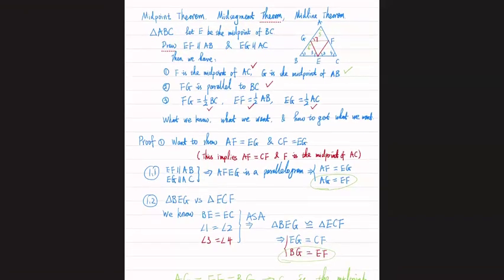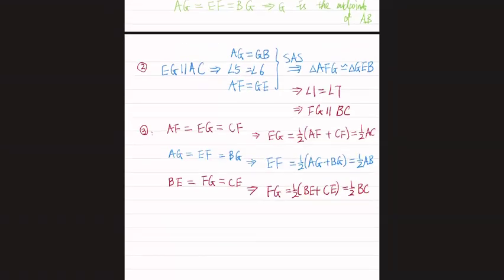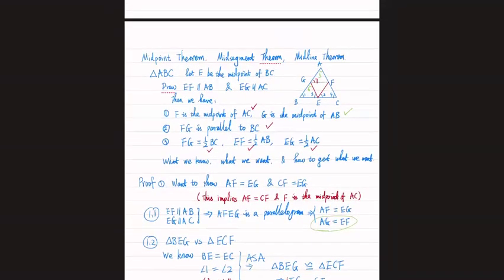Okay, after the class, I would suggest you review the proof and go through it again to see the steps and how we connect all the steps. Okay, so this is the midpoint theorem. And this triangle that connects the 3 midpoints, we call the middle triangle.